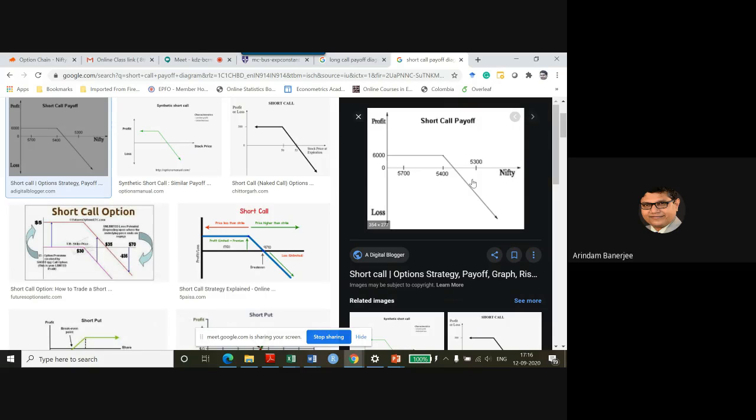So here also, theoretically, if it really goes as per the expectation of the buyer, the seller's possibility of loss is unlimited, but the possibility of gain is limited, because the maximum he can gain is the premium, nothing more.